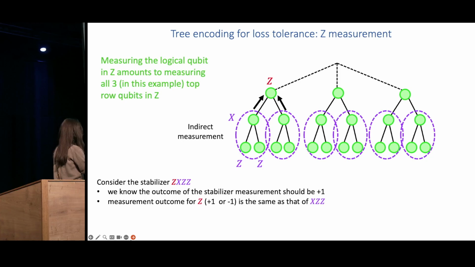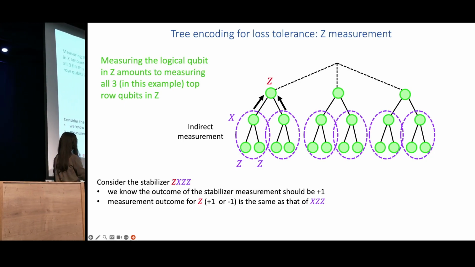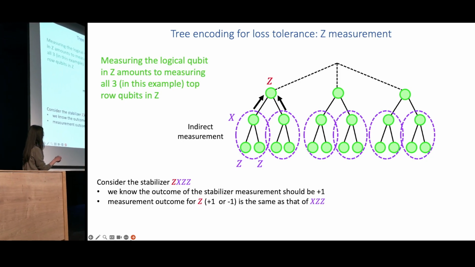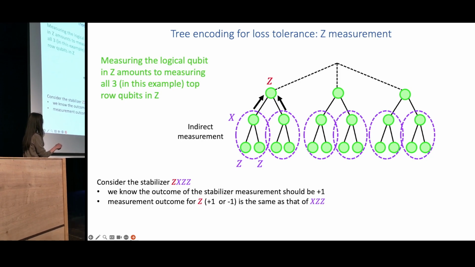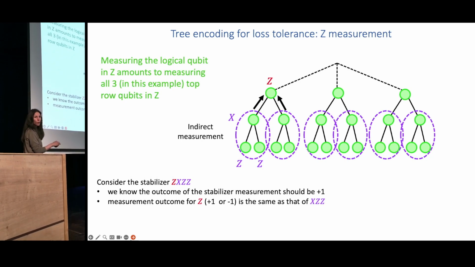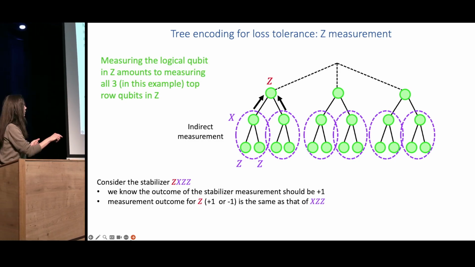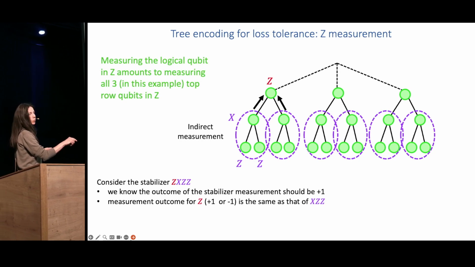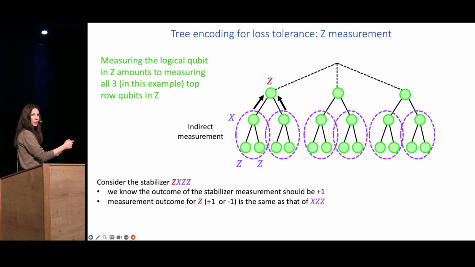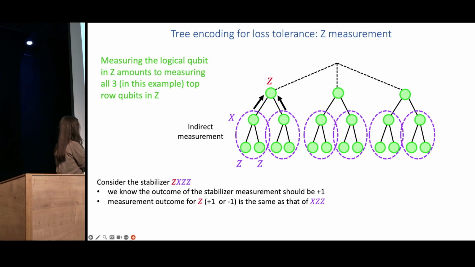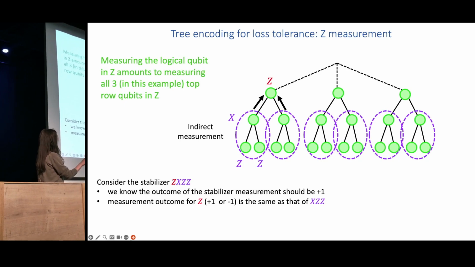So I can measure the stabilizer in many different ways, right? I can measure each qubit, or I can measure this thing collectively. Let's say I measure just the purple ones. If I get a minus 1, then I know that this Z measurement should also give me minus 1, because this is a stabilizer, and the whole thing has to be 1. If I get a plus 1 from this measurement, then I would know that this is plus 1.